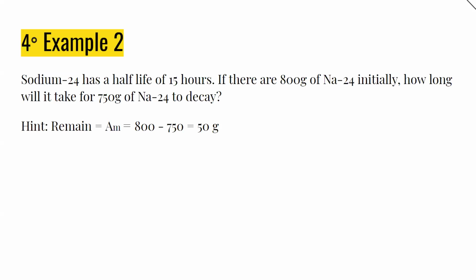So we use the previous formula: the remainder is 800 minus 750, which equals 50 grams. So 50 grams equals 800 times the natural number e to the power of negative k. K is ln 2 divided by the time, and time is 15 hours, and then we can get the exact time to decay to 50 grams.